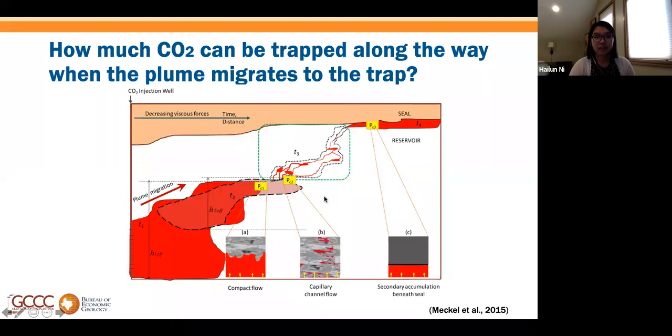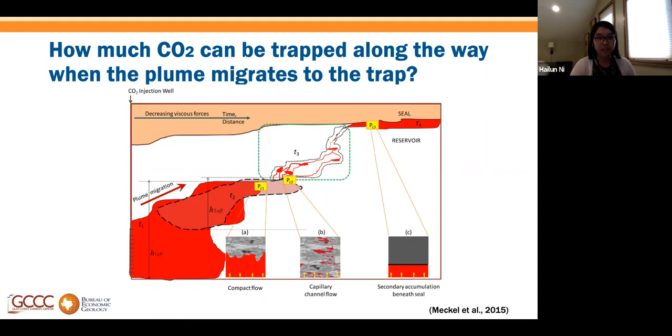Plenty of past research has shown that small-scale capillary heterogeneity can have a significant impact on not only the CO2 saturation, but also CO2 residual trapping as the plume migrates through. This in turn affects how fast the plume is migrating and also the ultimate plume migration extent.